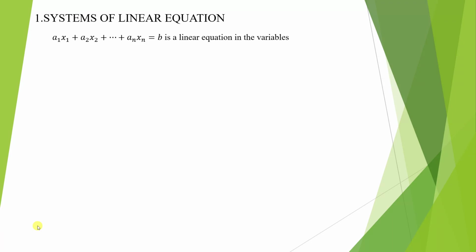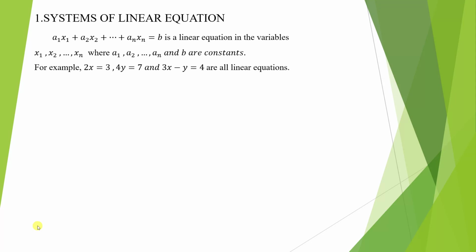Here b is a constant, a1, a2 up to an are the coefficients, and x1, x2 up to xn are the variables. It is a linear equation in the variables x1, x2 up to xn, where a1, a2, an and b are constants. For example, 2x equals 3, 4y equals 7, and 3x minus y equals 4 are all linear equations.